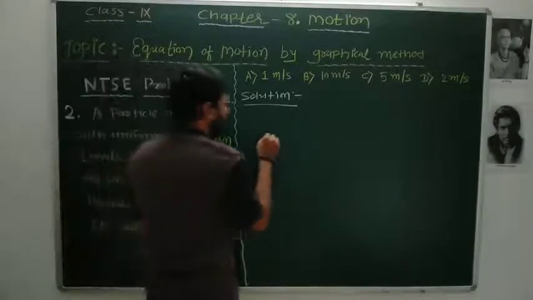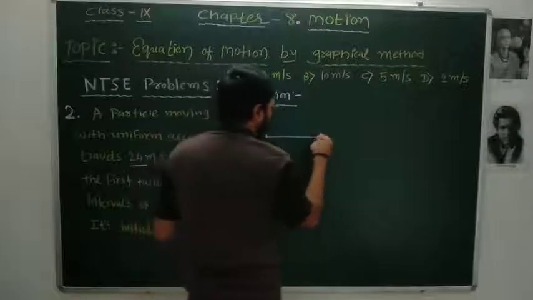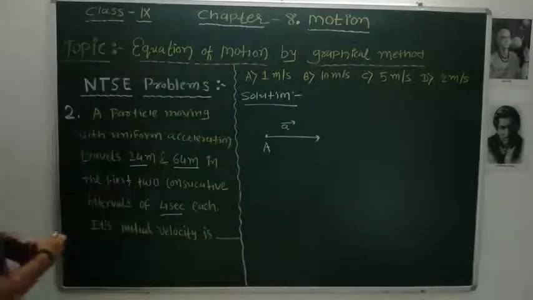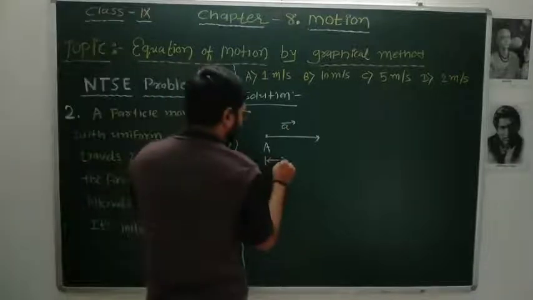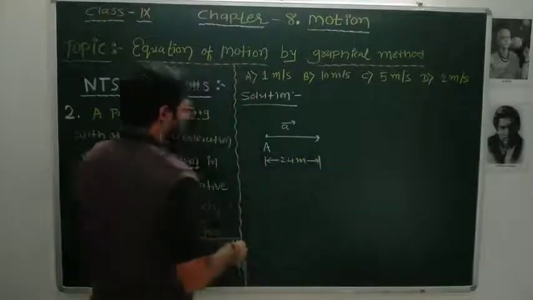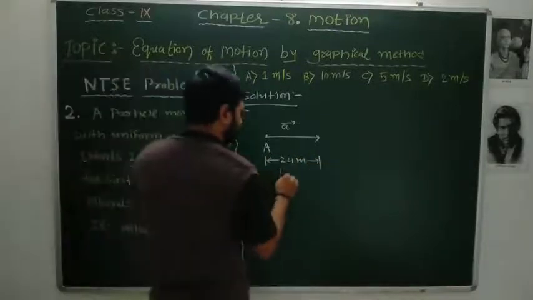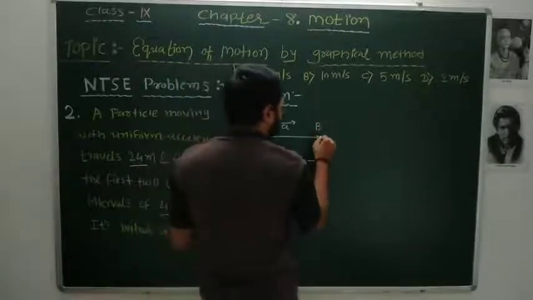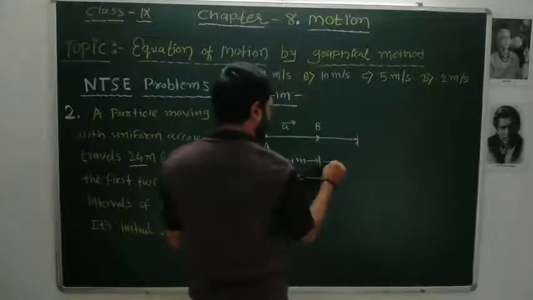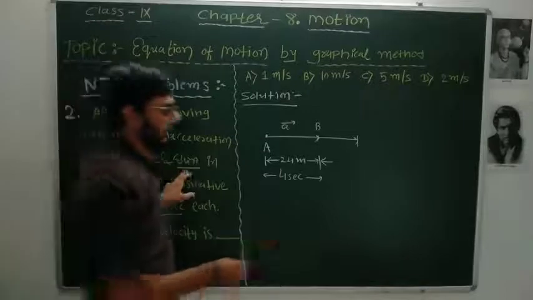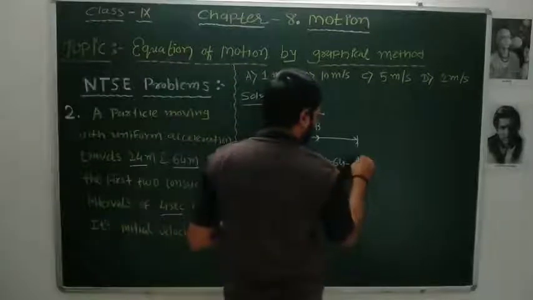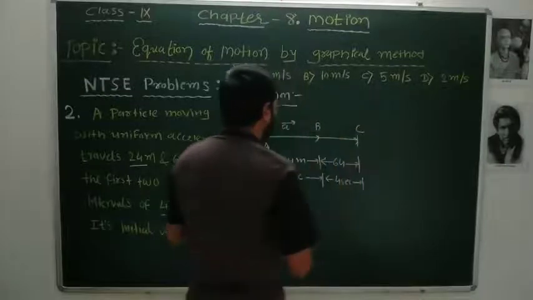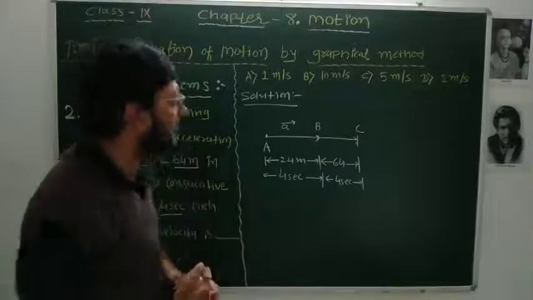Suppose the particle starts from point A with a uniform acceleration, and it covers the distance of 24 meter in the first 4 seconds, and after another 4 seconds it covers the distance of 64 meter. Here is point C. So what will be the initial velocity of the particle?